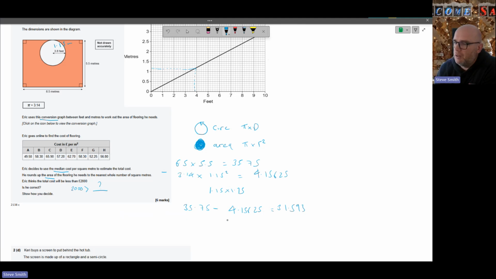So we're going to call it 31.59 because 3 is less than 5, so it doesn't impact the number. Okay, so Eric decides to use the median. So we've now done the area, what we need to put a mat on. It's 31.59. Now we're going to look at here, Eric decides to use the median cost per square meter.